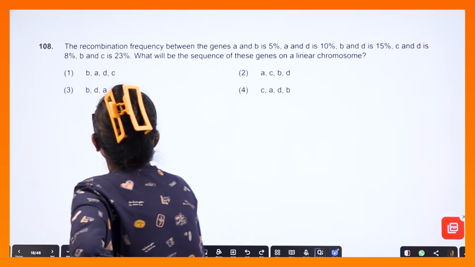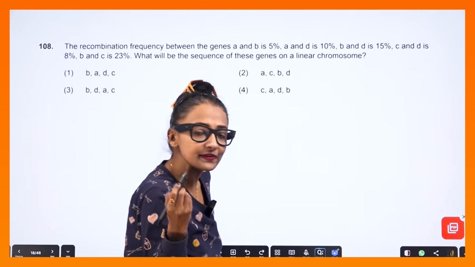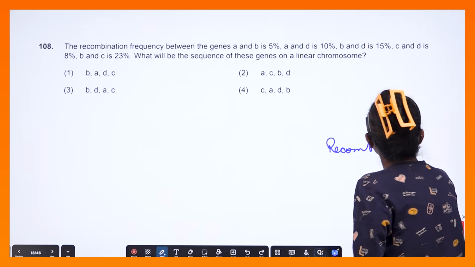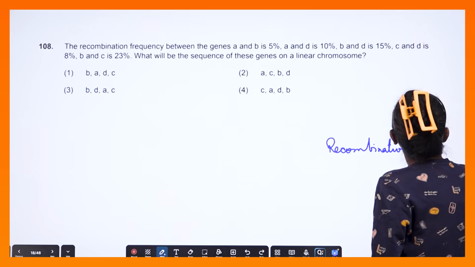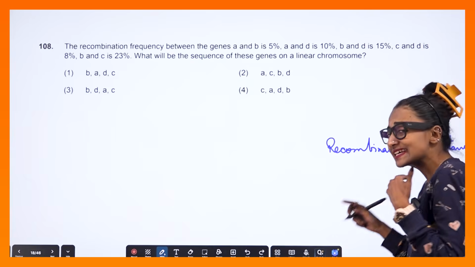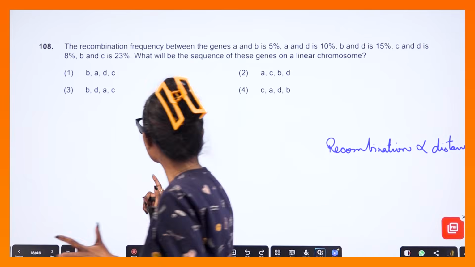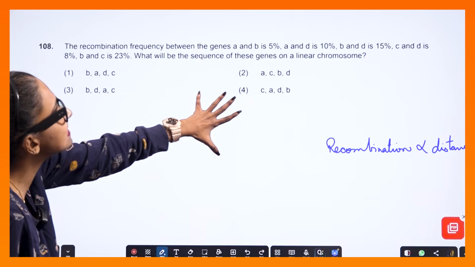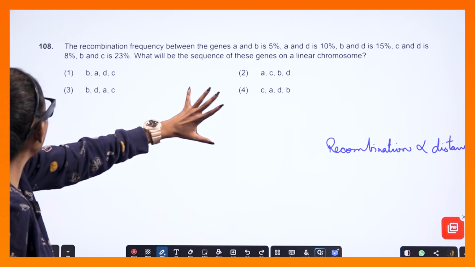Understand, I'm just going with the funda that recombination is directly proportional to distance. The more the distance, the more the recombination. Now let's see. The recombination frequencies of different genes are given to you.